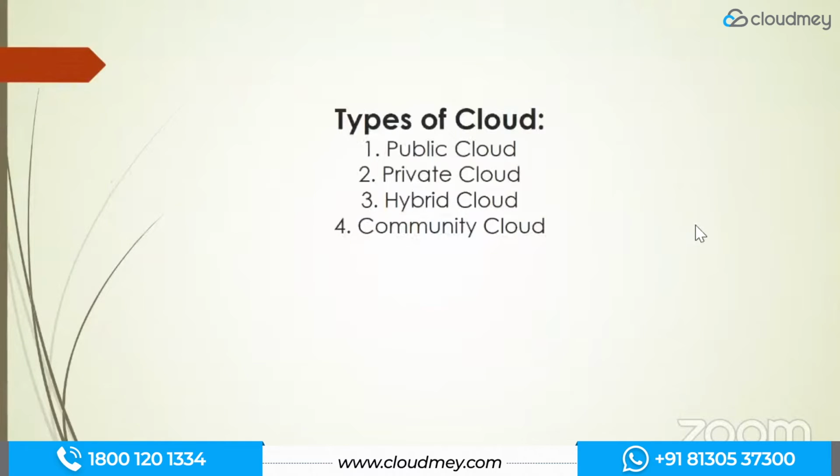And the last topic which I'll cover today is the types of cloud. If you have heard the term cloud, you might have heard of public cloud, private cloud, hybrid cloud, and community cloud, right?